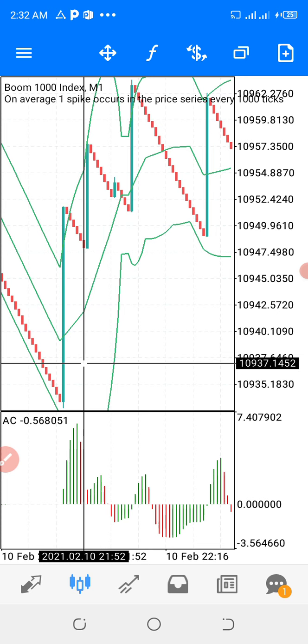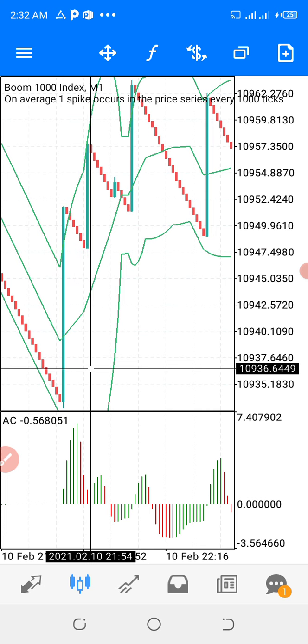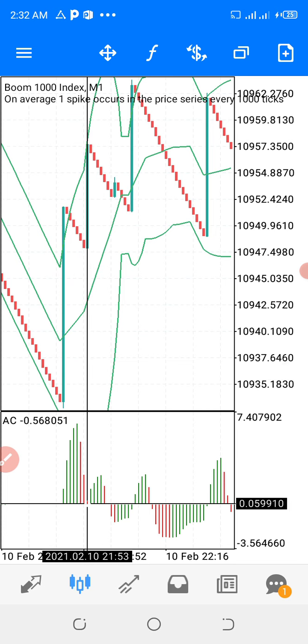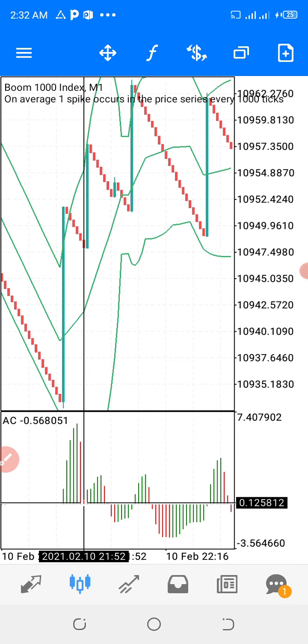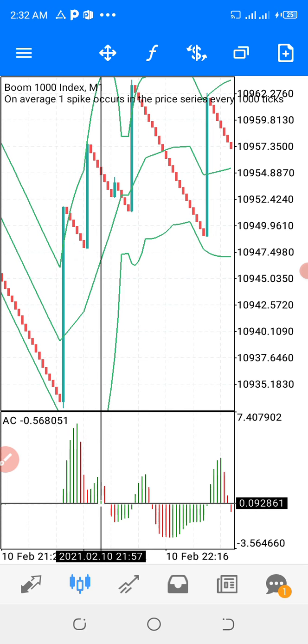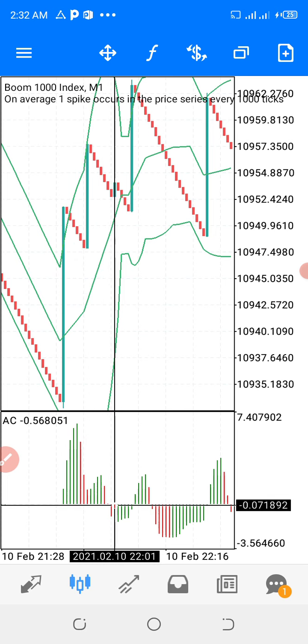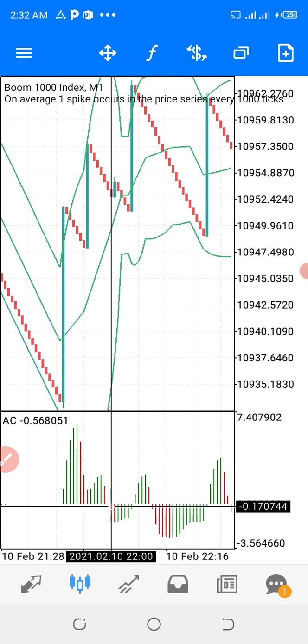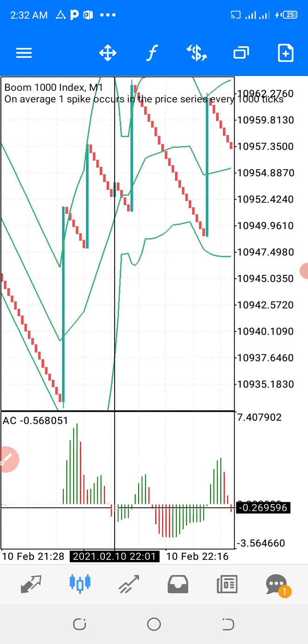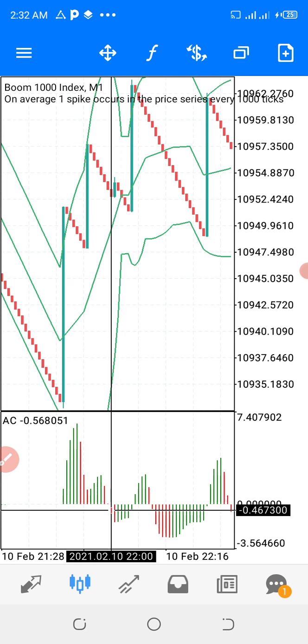Does it mean that here you are supposed to come out of the market? No, because the oscillations here are still confirming that it's still up. You can only come out of the market at a point like here.